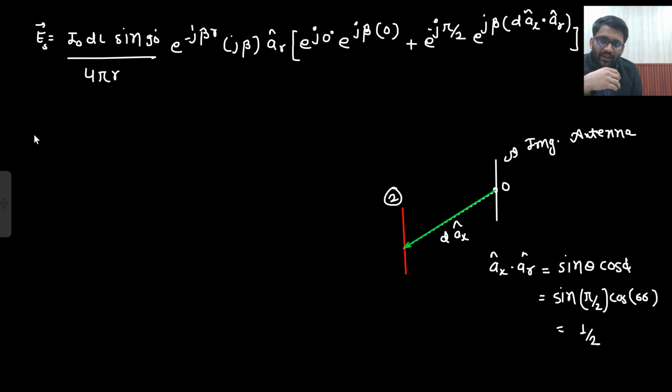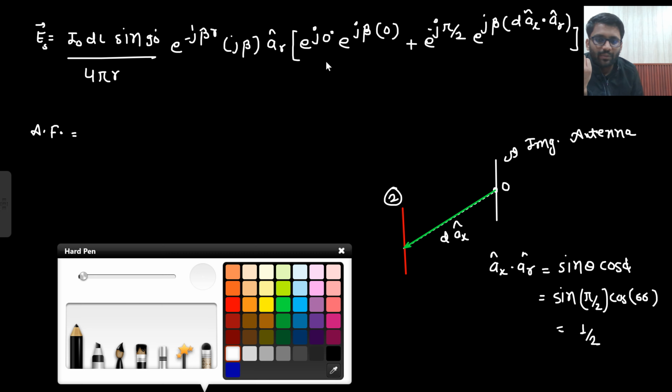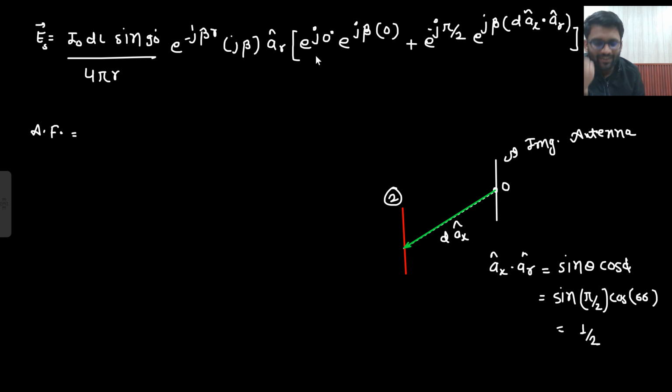So if I write down only the array factor, what is the array factor we are getting? The array factor is e to the power j 0 degrees, that is 1 only. Because e to the power j 0 degrees is 1, and e to the power j, this is also 0, so that would also be 1.